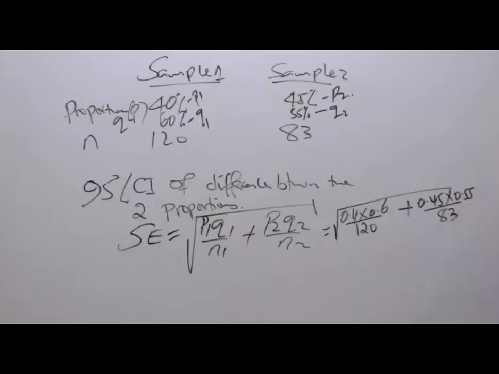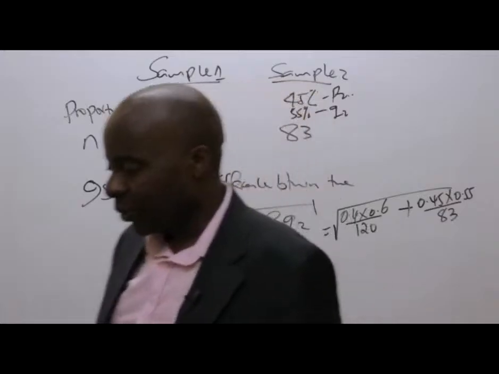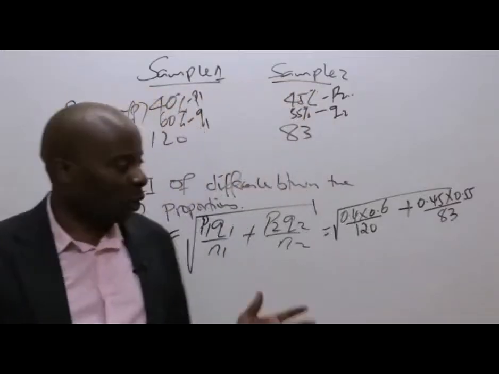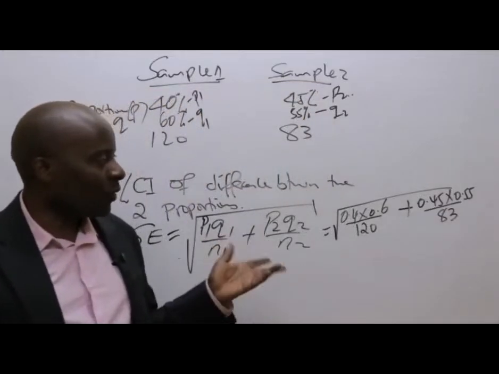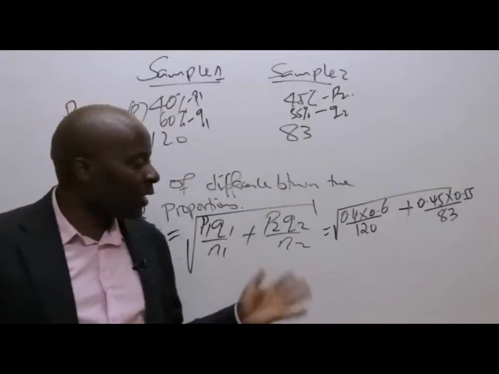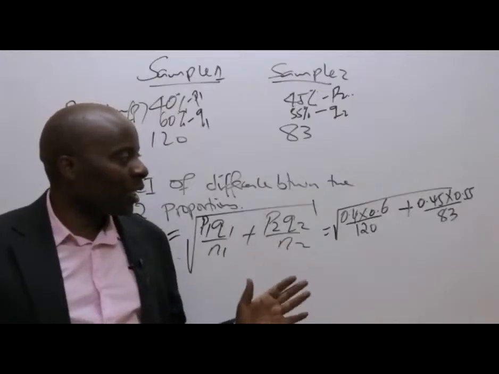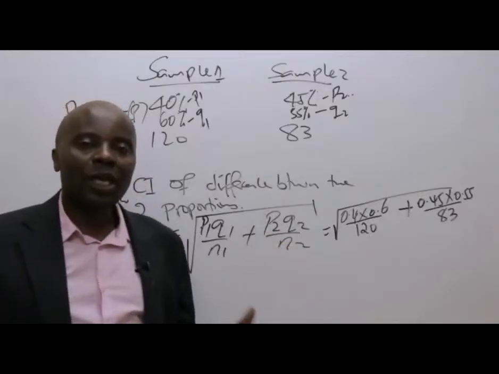Here you have to be quite good with your calculator. Take 0.45 times 0.6 divided by 120 plus 0.45 times 0.55 divided by 83. You say equals.